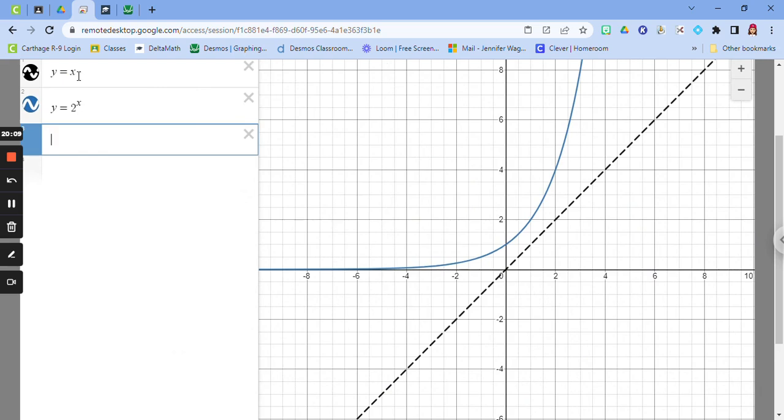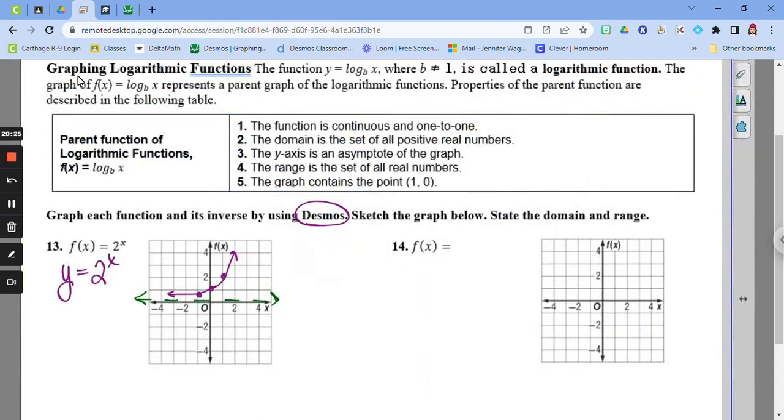So domain of exponential equations, as we remember from day one of this, all real numbers. The range, this one is approaching 0. So what I would write for that is the domain, all real numbers, the range, approaching 0.